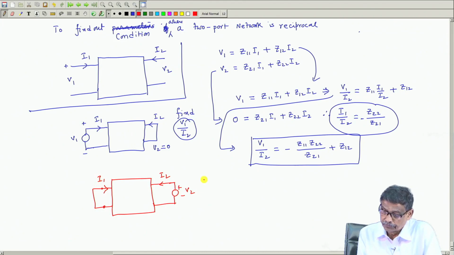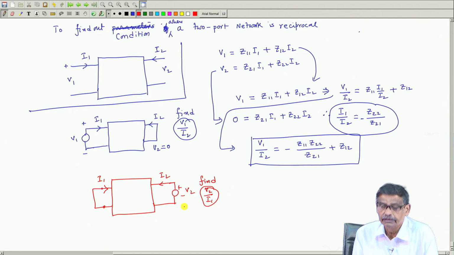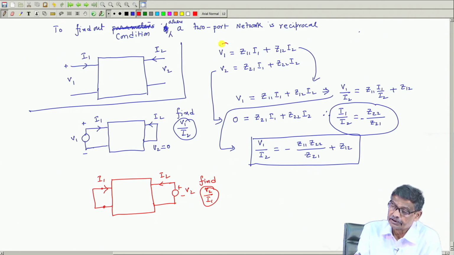Under this condition, V 2 by I 1 is the ratio to be found out, and eventually I will equate this with the previous one for the network to be reciprocal. Now, how to do it? These are the basic equations.